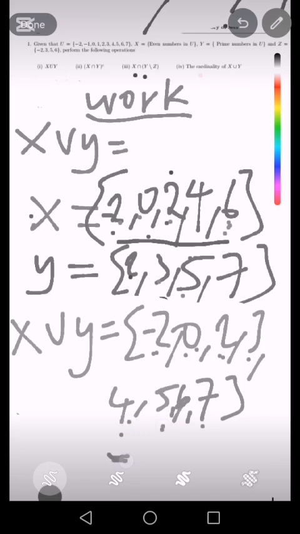So the answer is 8 elements. That's the cardinality. That was the final answer.